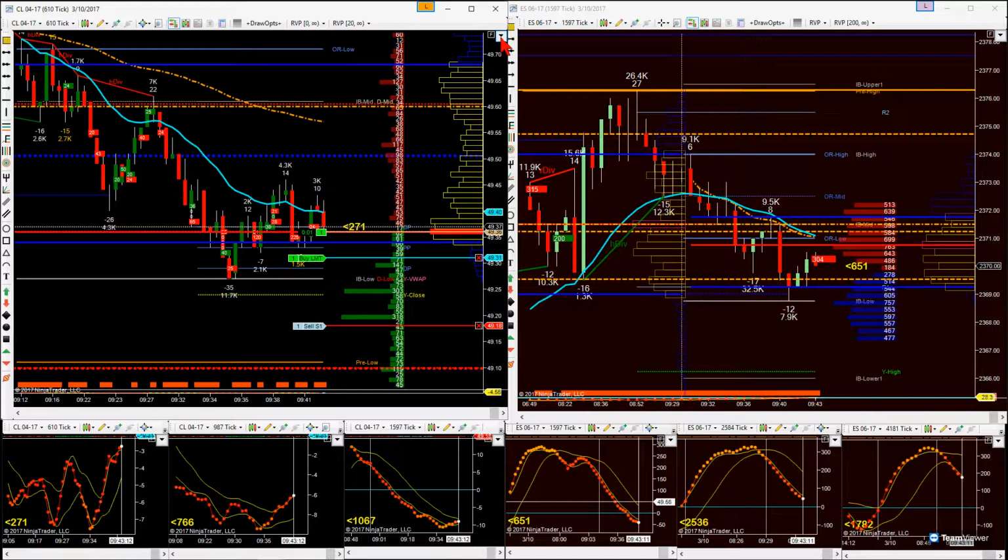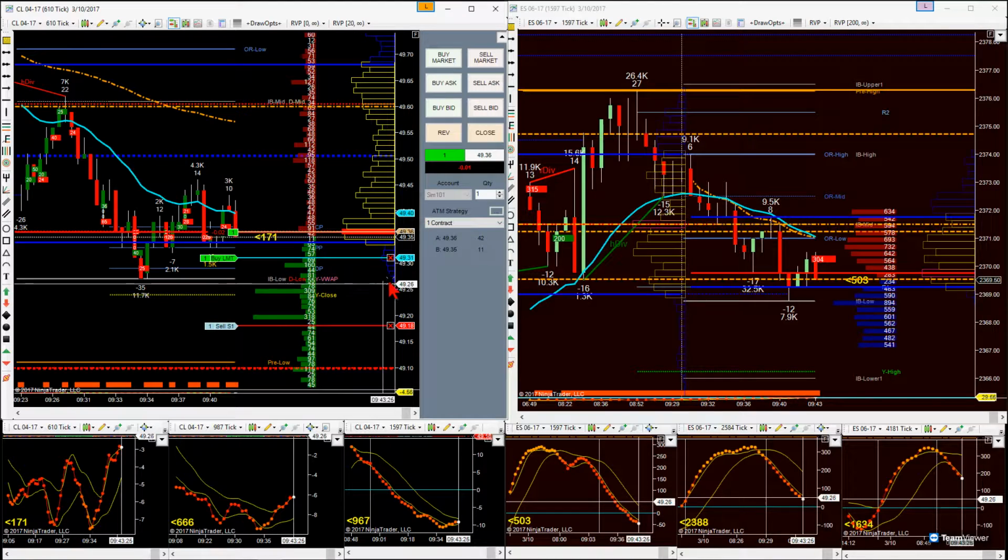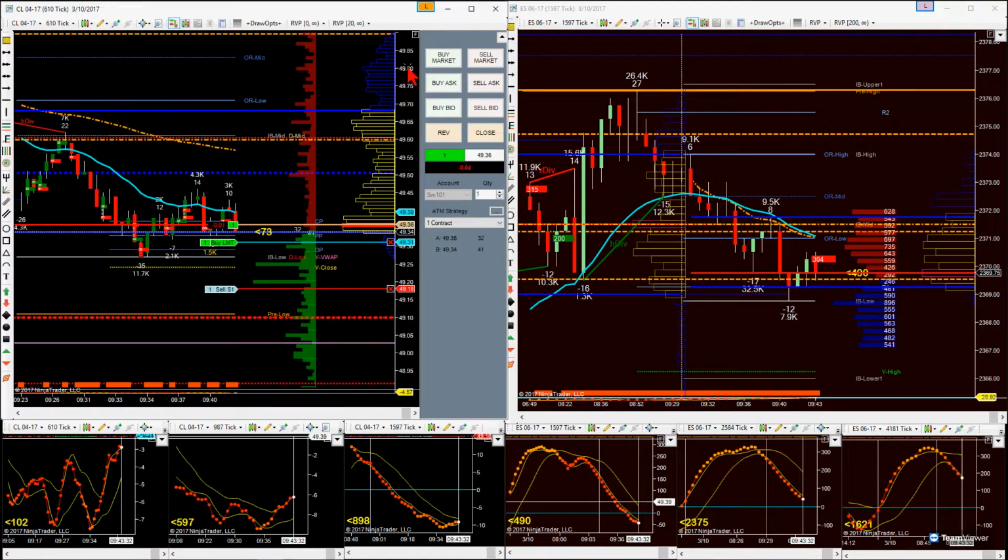let me think, what's a good way to do this? I think if I get rid of this one, I don't want to move this one away and potentially lose the trade.